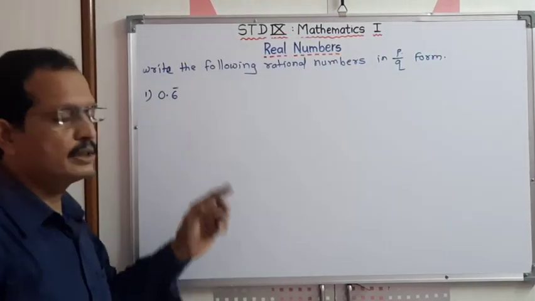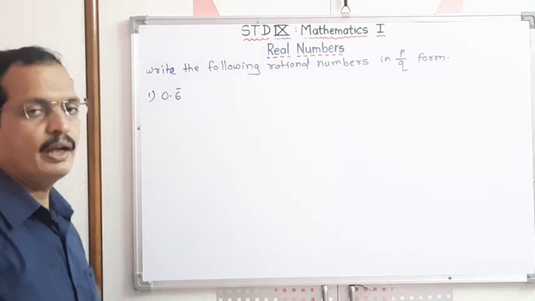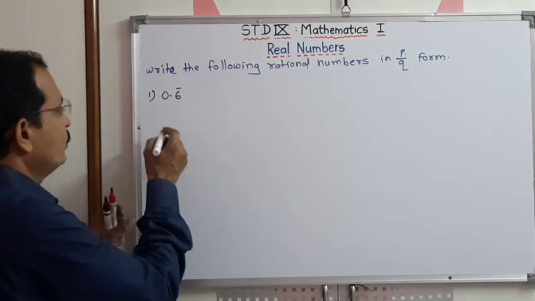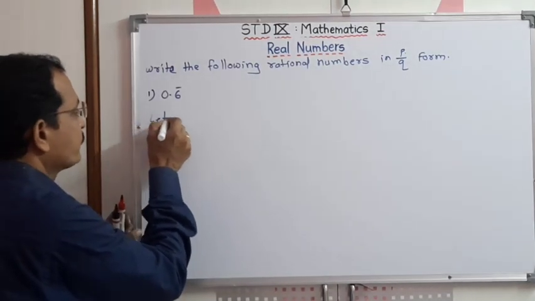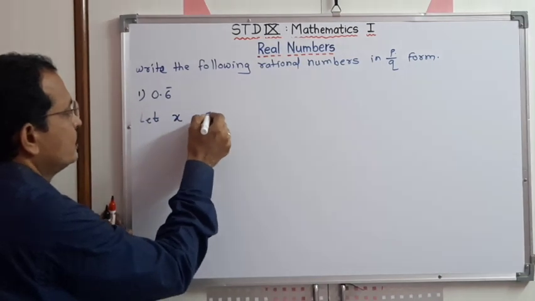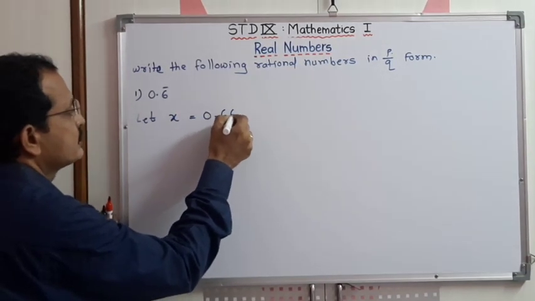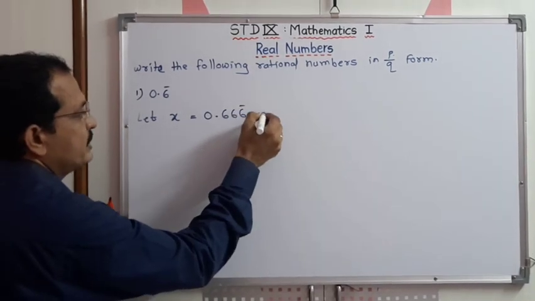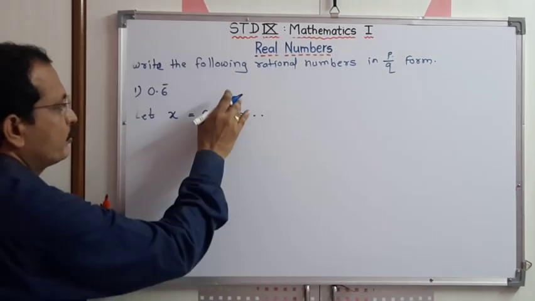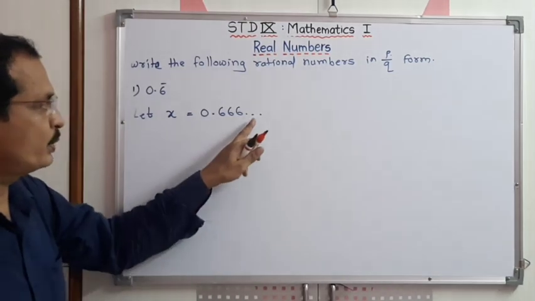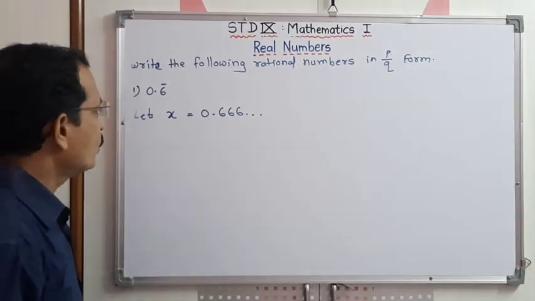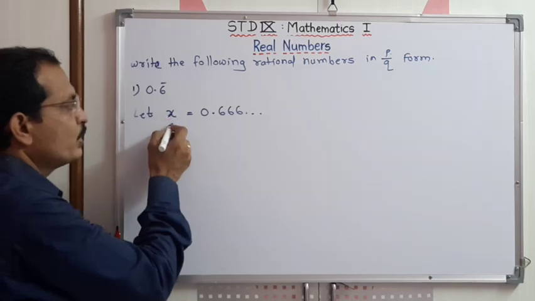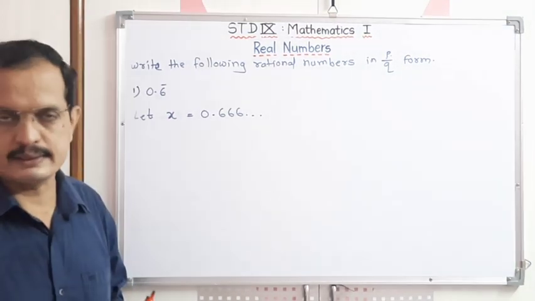Therefore in this case the recurring is of 1 digit, and for that purpose what we have to do, first of all, let x is equal to 0.666, like this we can write. That means recurring of 6 is there, therefore we can write many times and we put 3 dots here. Now this decimal form, that is P upon Q form, is supposed to be x.